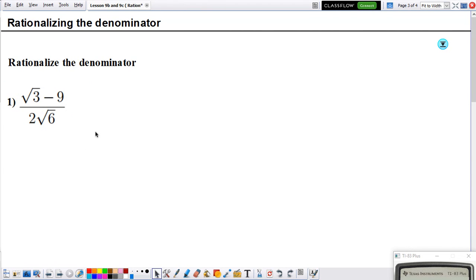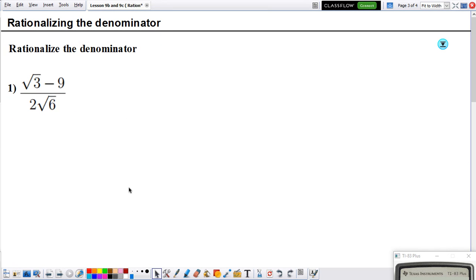So here, on the first example, they're asking us to rationalize the denominator. Now, what do we mean by rationalizing the denominator? In mathematics, most of the time, you should never have a square root as your denominator. So somehow, we need to write an equivalent expression of this, but without the square root on the bottom.